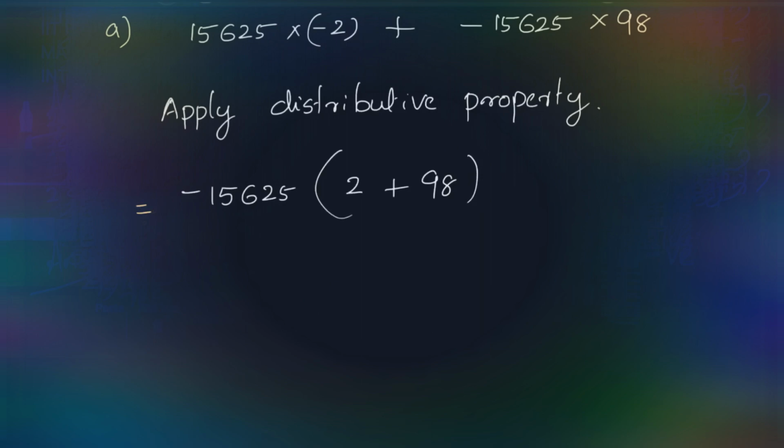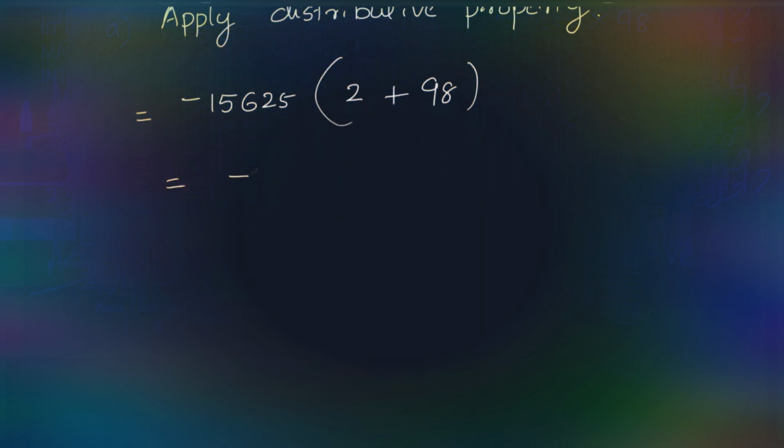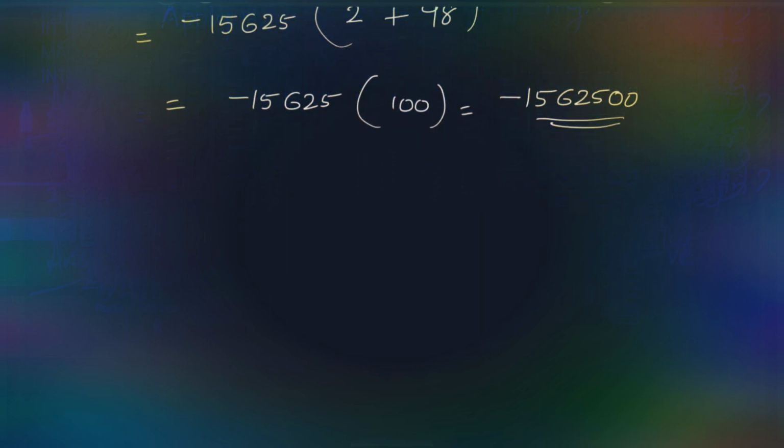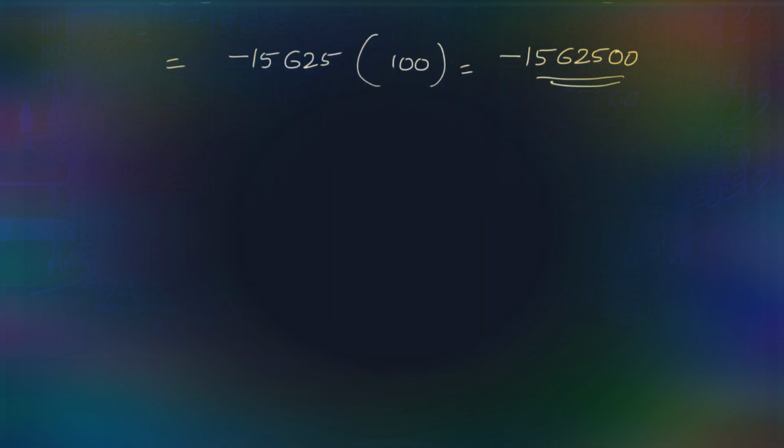So we can rewrite as negative 15625 into 98 plus 2, equal to 100, and it is equal to negative 15625 0. Multiplication with 100 means putting 2 zeros on the right side. So this is the easiest way of doing problems, that is, apply the distributive property.